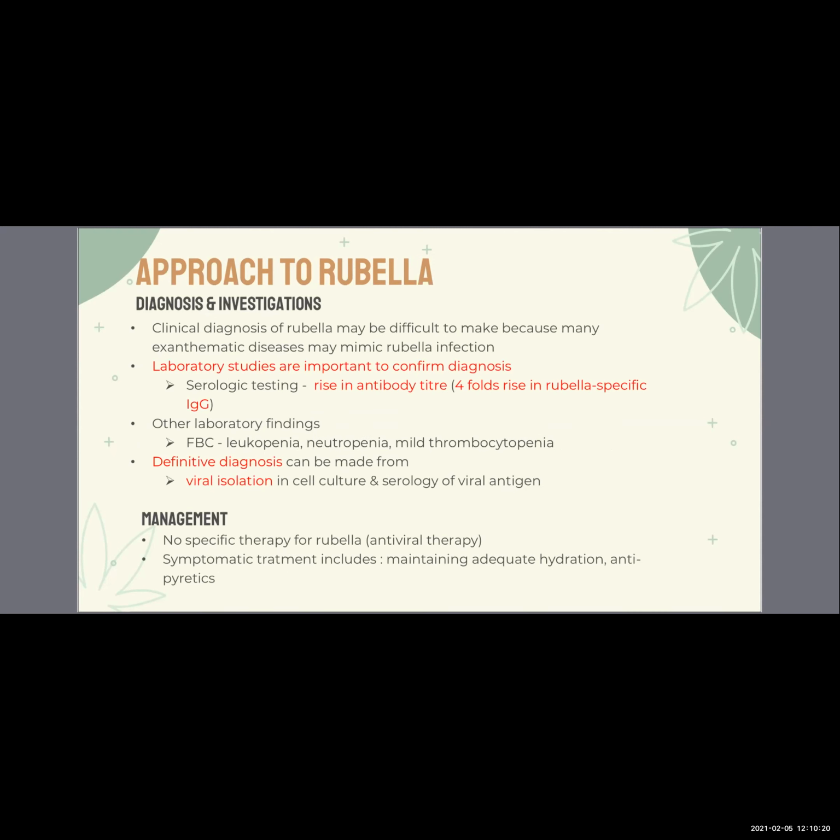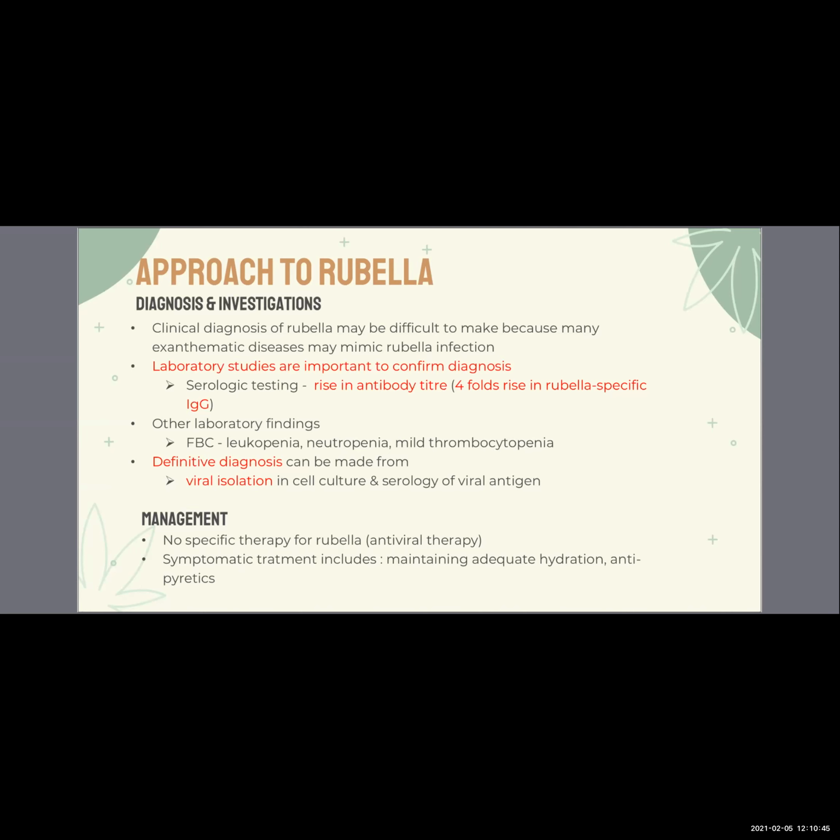Next, the diagnosis and investigation. Unlike the other two viruses, the clinical diagnosis of rubella may be difficult to make because it is subclinical, and most patients may appear asymptomatic. Other than that, many other diseases may mimic rubella infection.